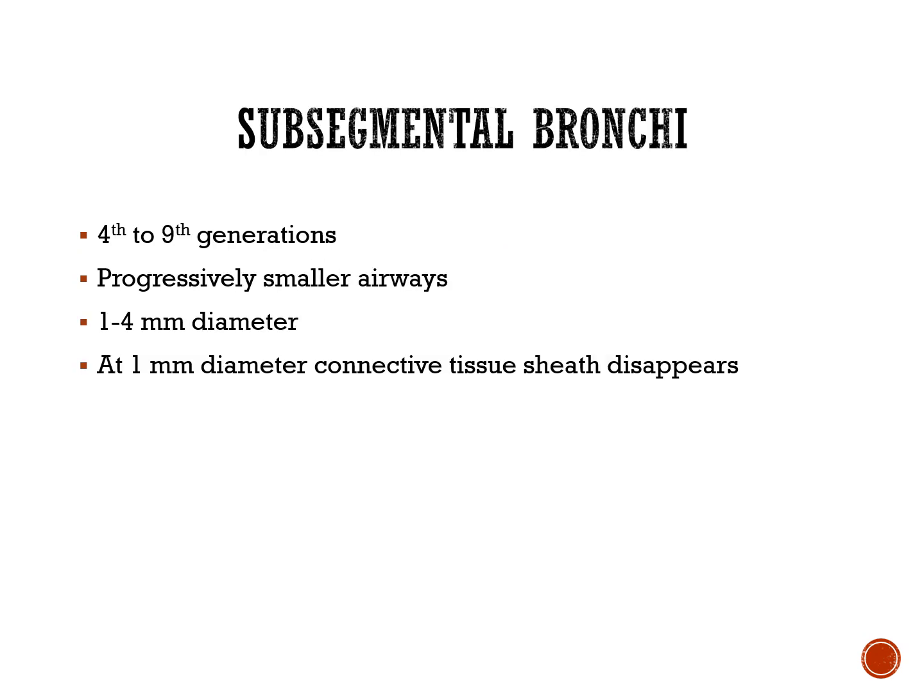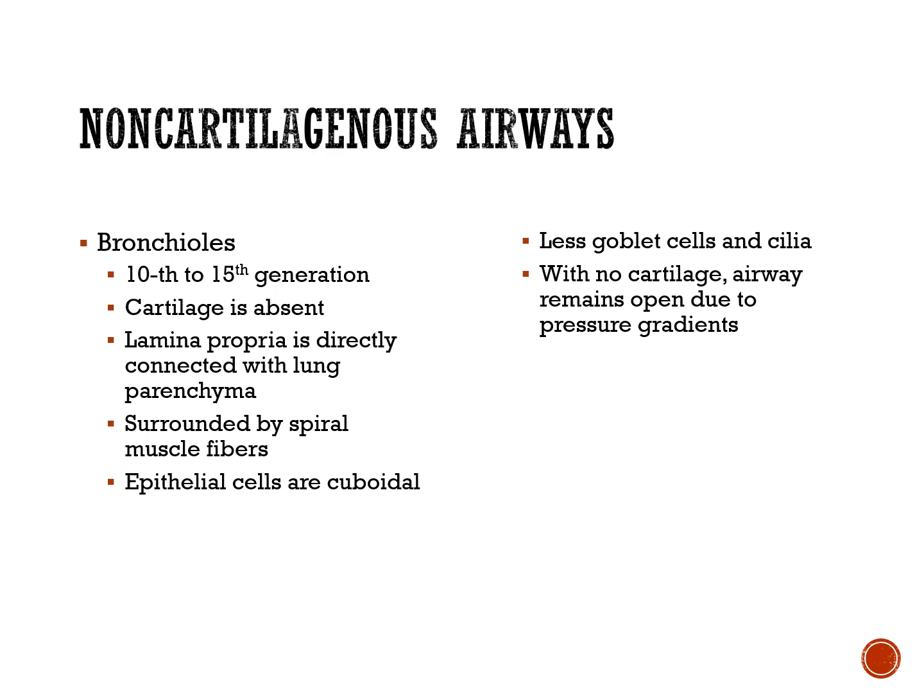Subsegmental bronchi are from the 4th to 9th generations. That means some subsegmental bronchi will branch into some more additional subsegmental bronchi, and finally they will branch into terminal bronchi. Subsegmental bronchi branch into bronchioles, which are non-cartilaginous.